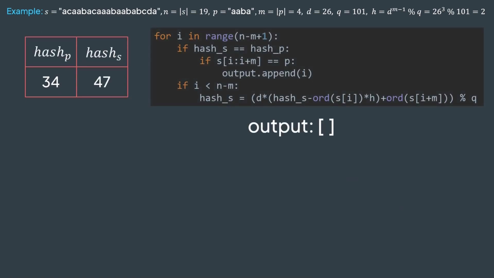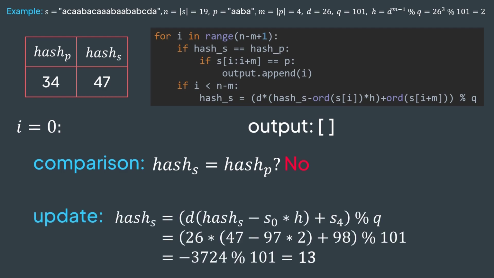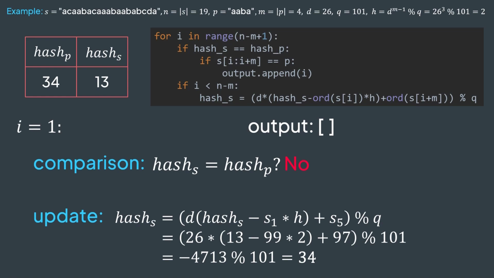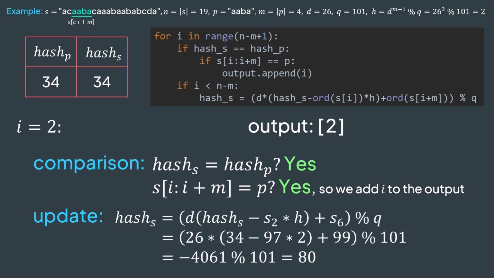Now we start iterations. First iteration, hash s and hash p don't match. We update for the next iteration, we get 13. Next iteration, they don't match. We update, we get 34. Next iteration, here they match. Let's double check. The window and p are equal, so we found p in s at index 2. Let's continue. We update, we get 80.